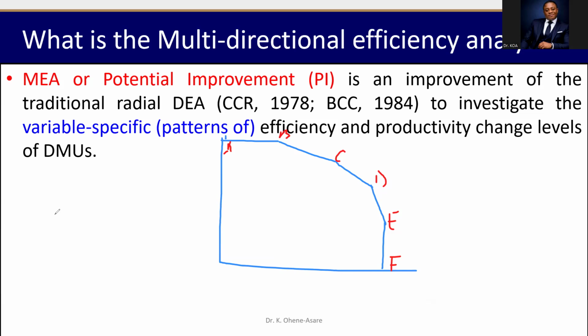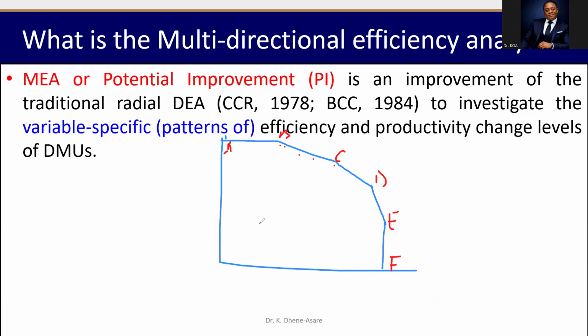Between C and D. It is between C and D. Now, why are B and C and D and E not the most strongly efficient part of the frontier? Well, the answer is that they are closer to the free disposable section. You see, this part here is closer to the free disposable section.